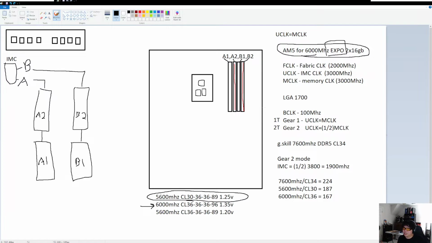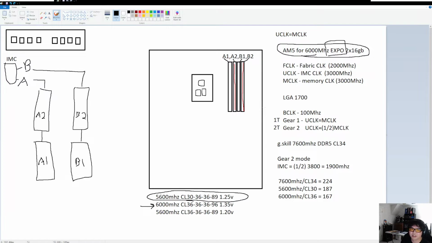I assume it is, because I remember back in Zen 3, the F-clock was typically 1800 for 3600 DDR4. And I remember people saying that you couldn't really go above 1900 on the fabric clock on Zen 3, which is Ryzen 5000. So that might be part of it.